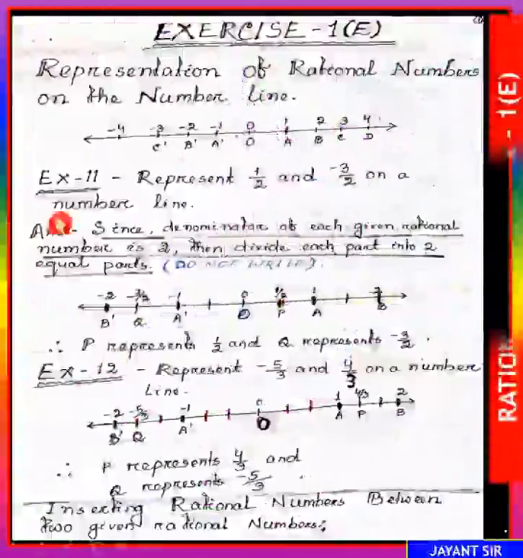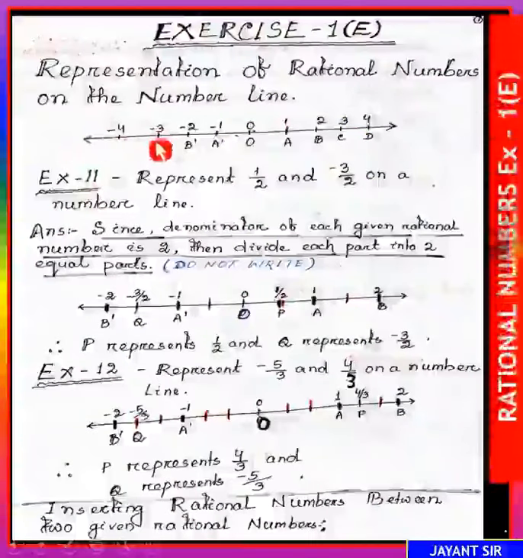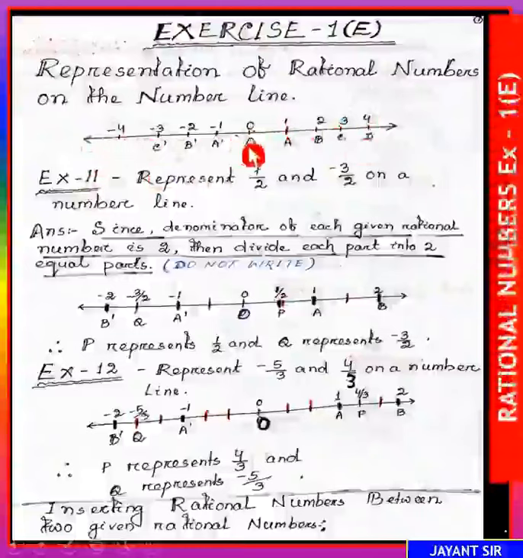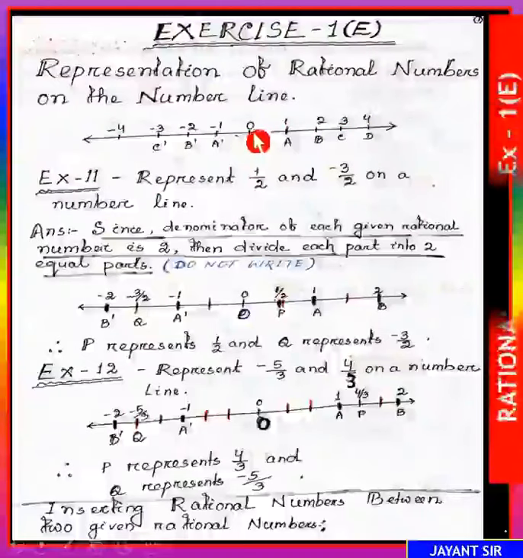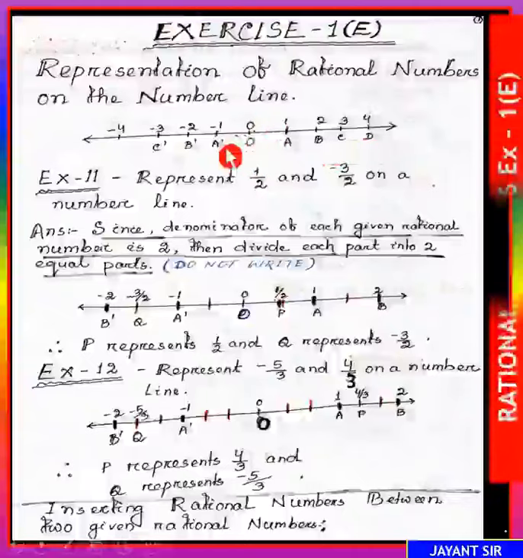Before going to start that, children, draw a line of suitable length and mark arrow marks, and in the middle give a mark, a point O, which represents 0. This side is the right side and this side is the left side.